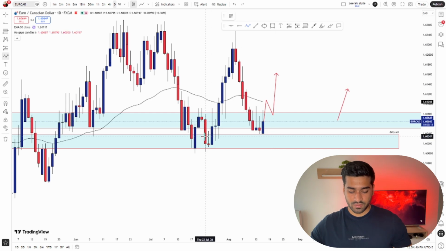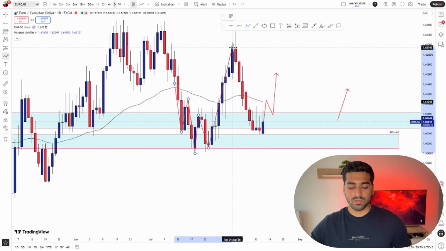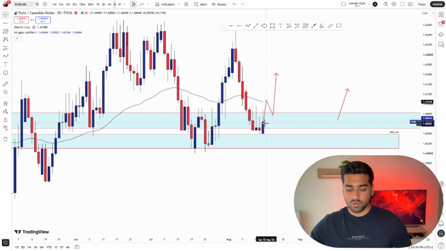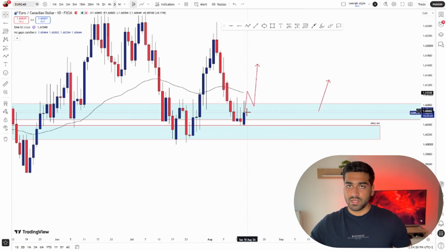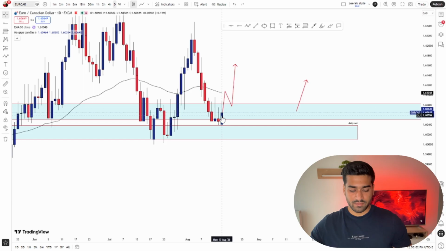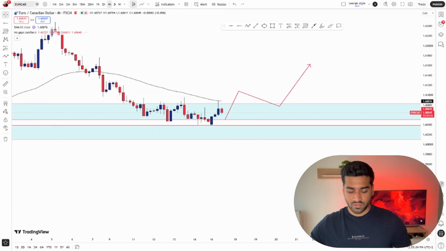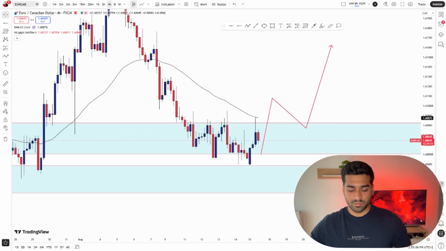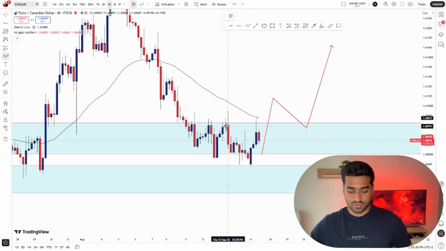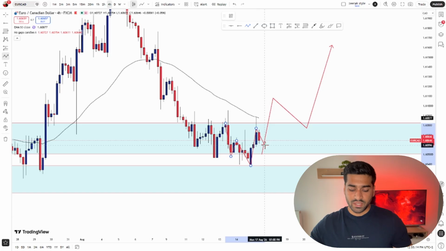So from here, lower low, lower high, lower low, higher high, higher low, and I will look for this engulfing candlestick. I hope it closes like this, because we will already be in the weekly area. So if it closes like this engulfing, I will go to the 4 hour. In the 4 hour, you guys can see it's already bullish. So left shoulder, this is the head, and this is the right shoulder.